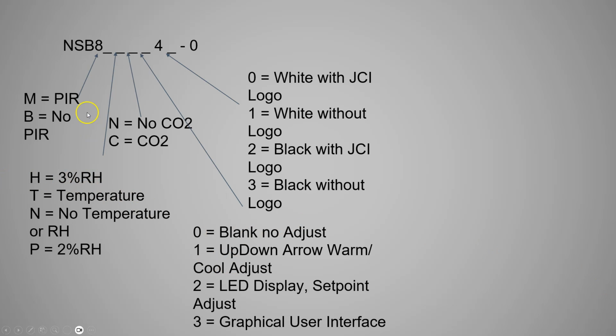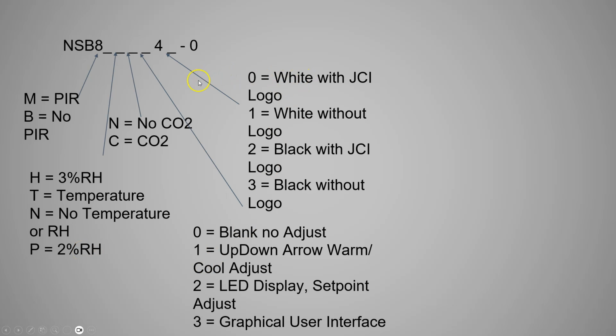Here are the numbers that correspond to them, but each one of them you can get with a PIR, a motion detector, or no PIR. You can get with CO2 or no CO2. You can get with humidity. You can actually get two different types of humidity. You can get the standard 3% humidity, or you can get the 2% humidity, which is a little bit tighter restriction.